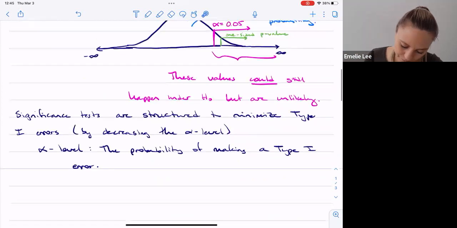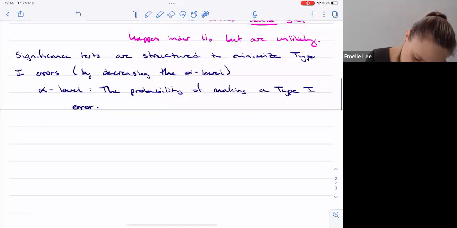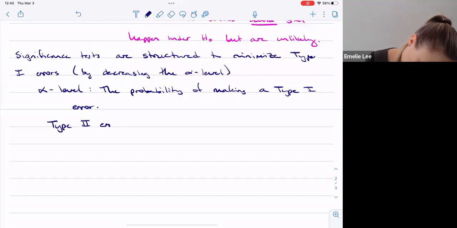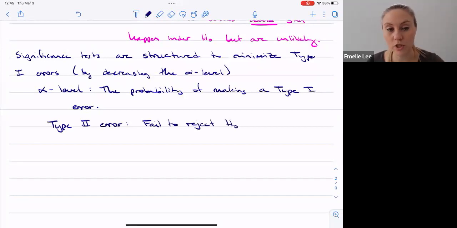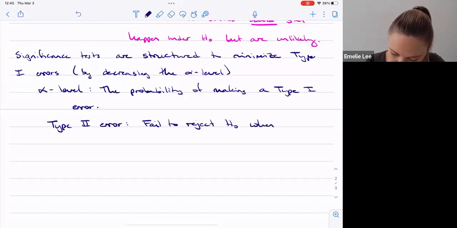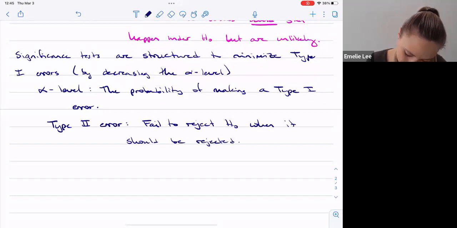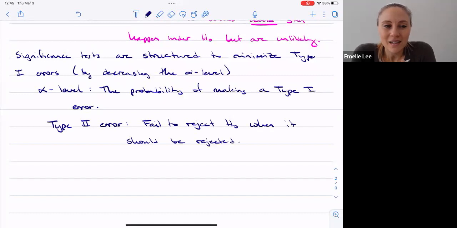And so type 2 error, oops. The type 2 error is when you fail to reject H0 when we should have, when it should be rejected. This is usually just a sample size issue.